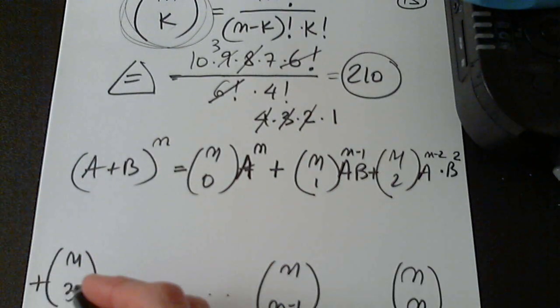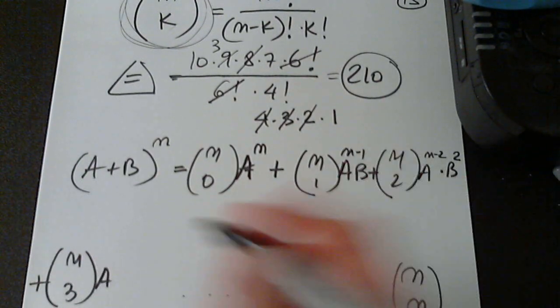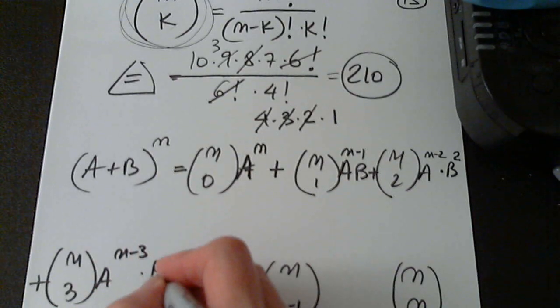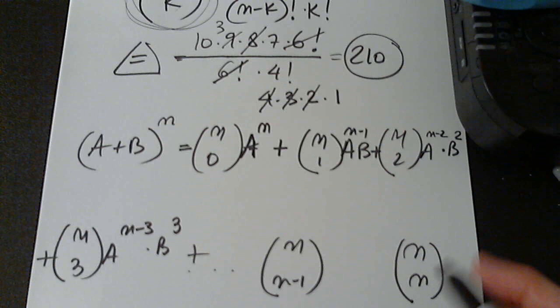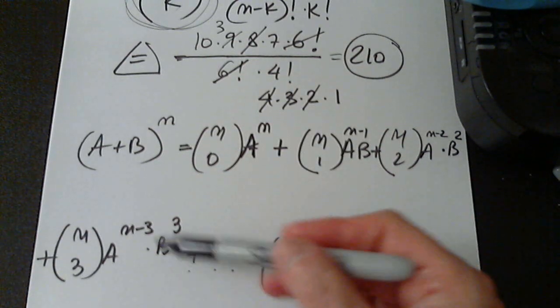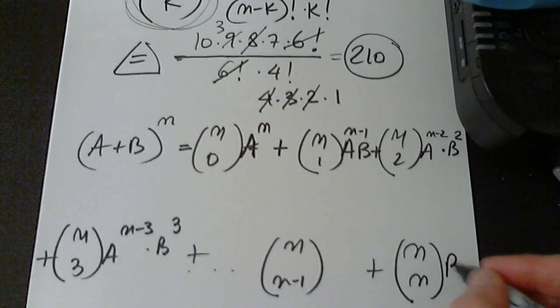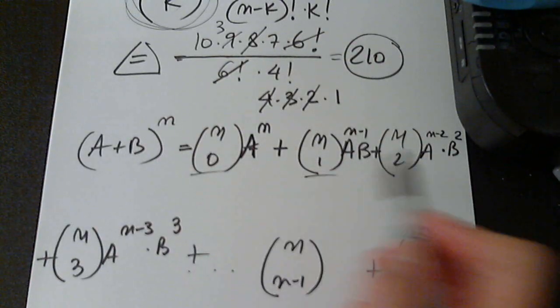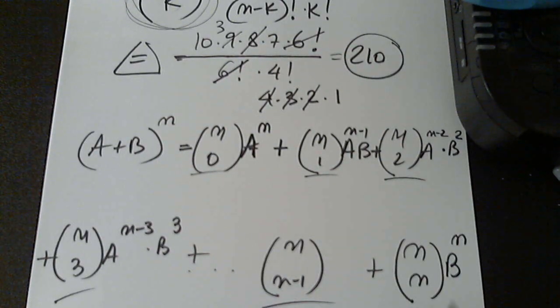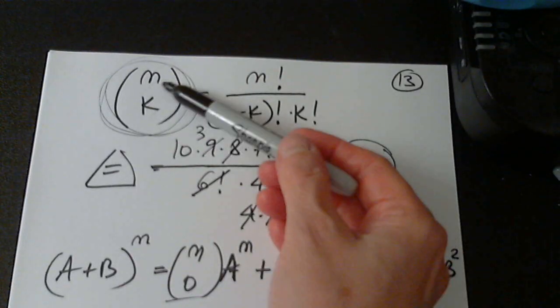Next one, plus a to n minus 3 times b to the third, plus dot, dot, dot, till a has disappeared and there's only b to the nth power. These coefficients have to be determined with the formula n choose k.